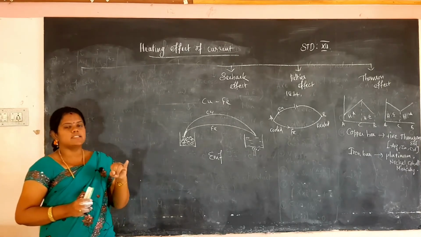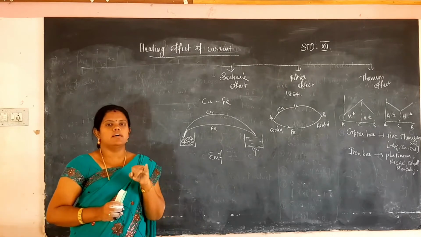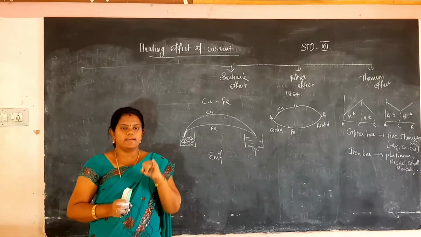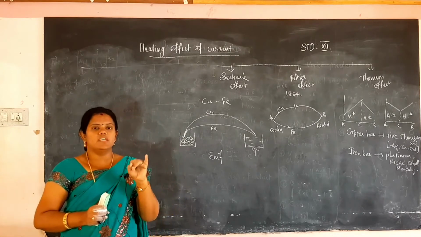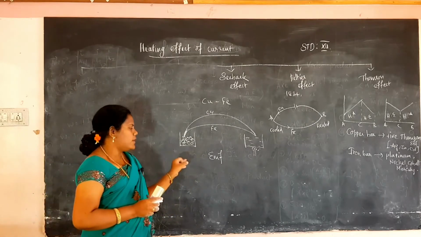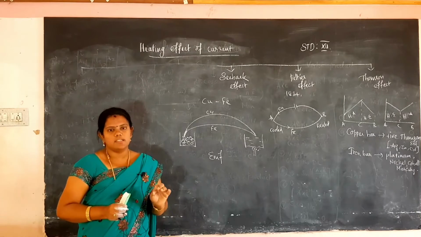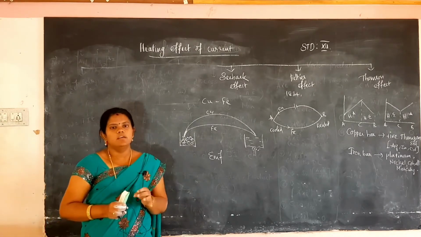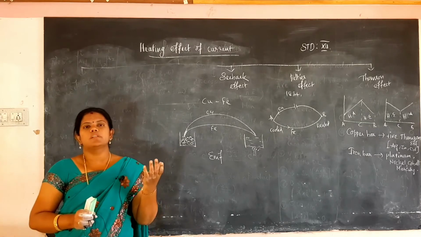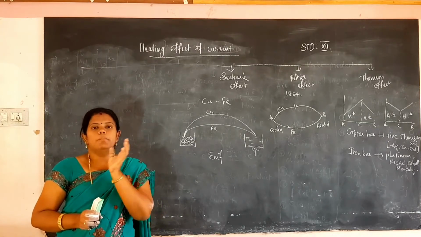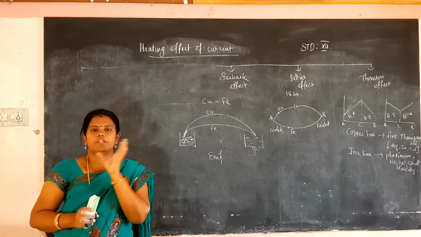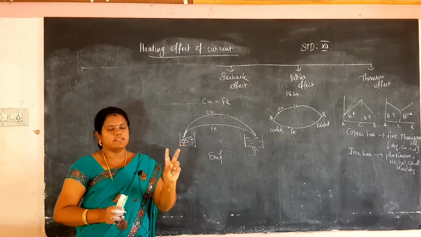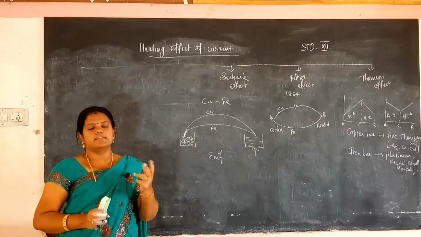One is in Seebeck generators, which create electricity by using waste heat energy. Second is in automobiles to increase fuel efficiency. And third is to measure the temperature difference between the two thermocouples. So the Seebeck effect is nothing but two dissimilar metals creating an electric current, which is called thermoelectric current.